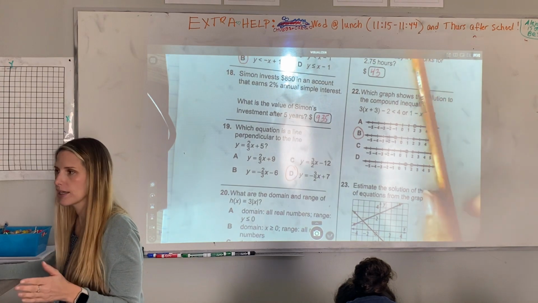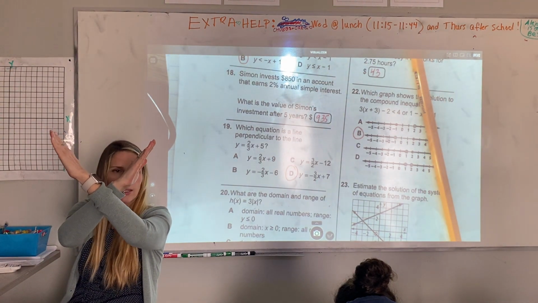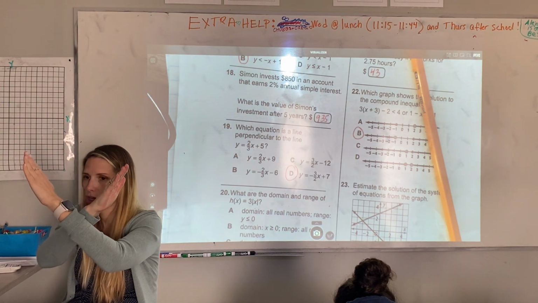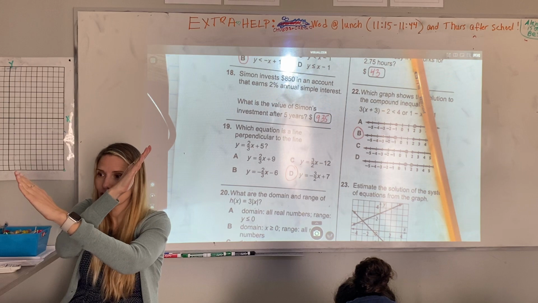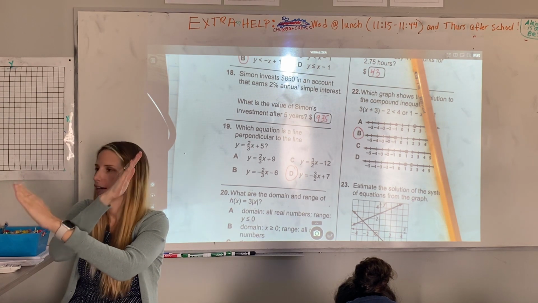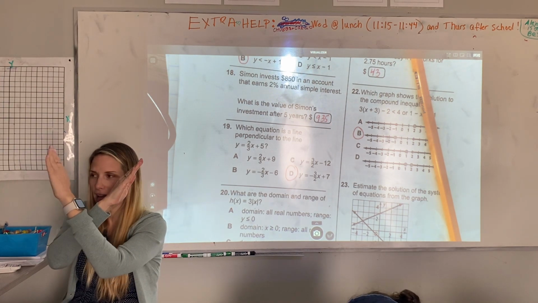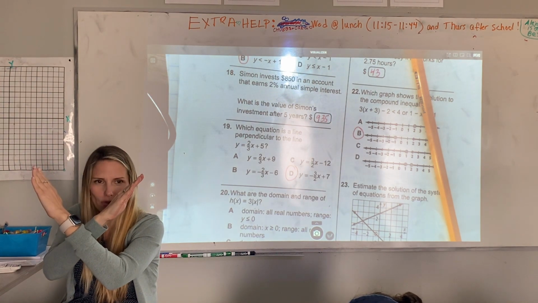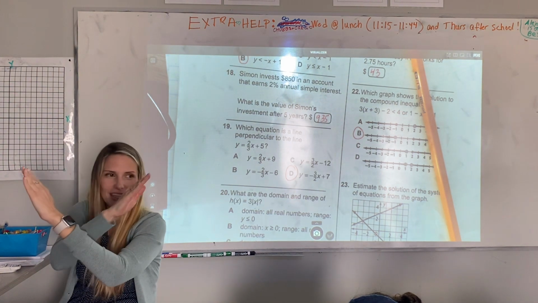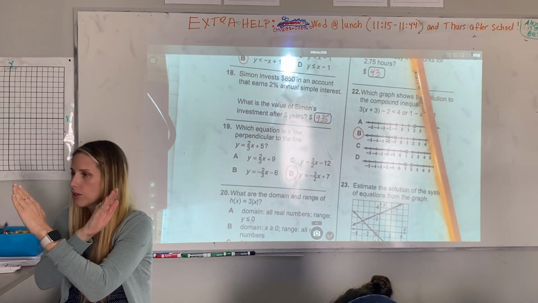Now think about this. Perpendicular lines form right angles. They go in two opposite directions. If one's a positive slope and this one's going in the exact opposite direction, doesn't this one have to be negative? And if this one's negative, doesn't this one have to be positive? So that's why the slope is opposite reciprocal.